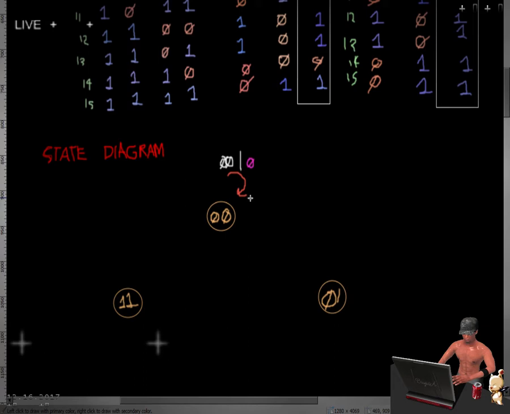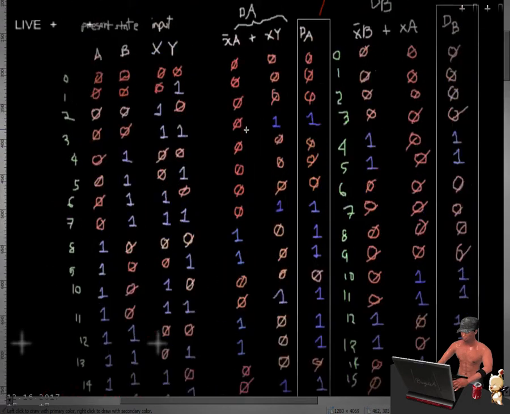Now, if it's 0, 1, it also goes to 0. We now know 0, 0.